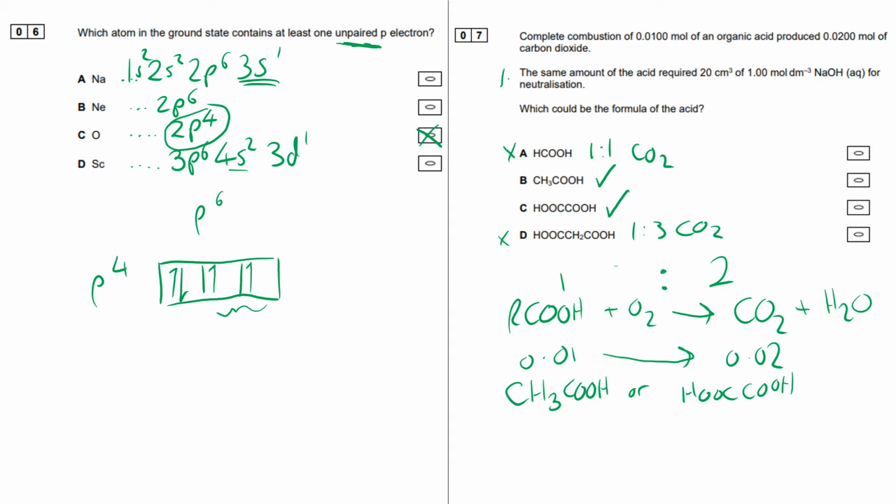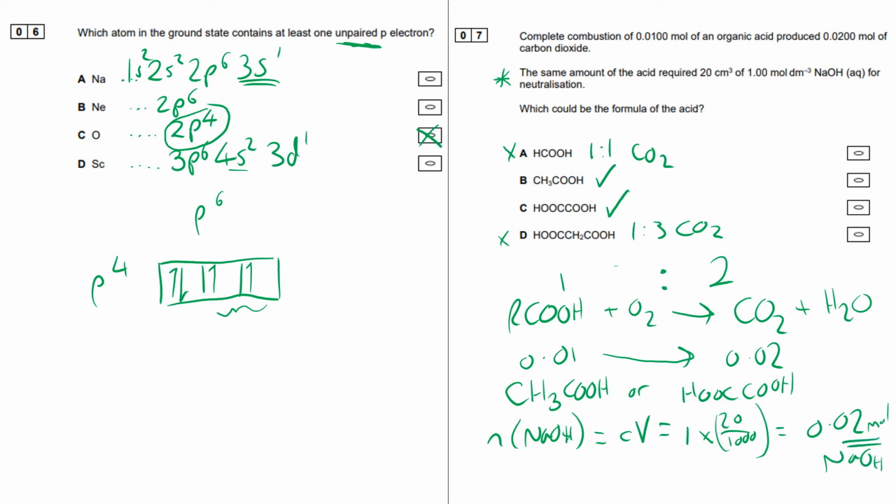We need to use the second bit of information to determine which acid is present. So you can work out the number of moles of NaOH using concentration and volume. So we've got concentration is 1, volume is 20 centimeters cubed, converted to decimeters cubed. So we have 0.02 moles of NaOH.